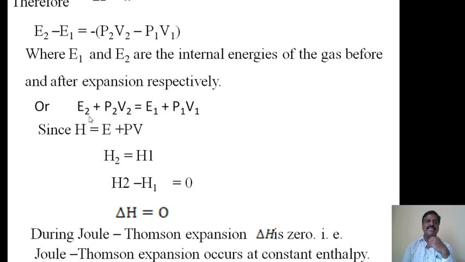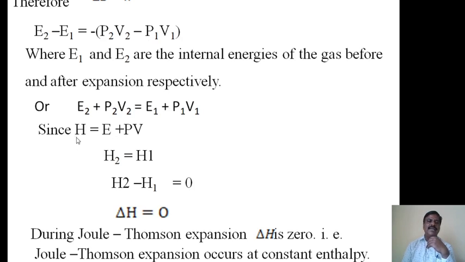Or we can write E2 minus E1 is equal to minus P2V2 plus P1V1. Then E2 remains as it is, and minus P2V2 on that side becomes plus P2V2. Transferring E1 to the right side, minus becomes plus E1, and we already have plus P1V1.